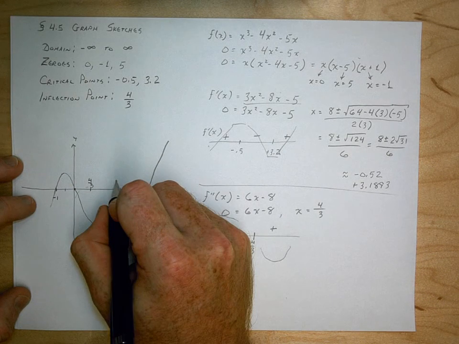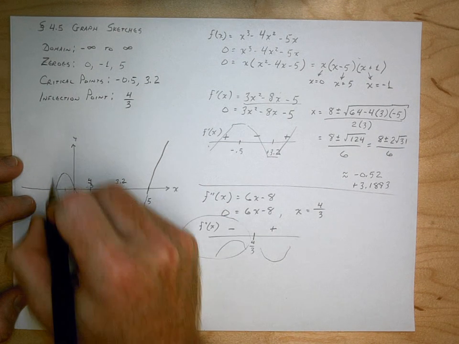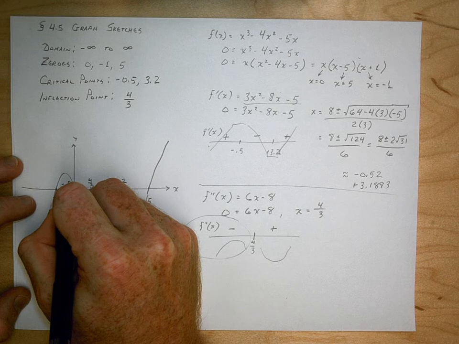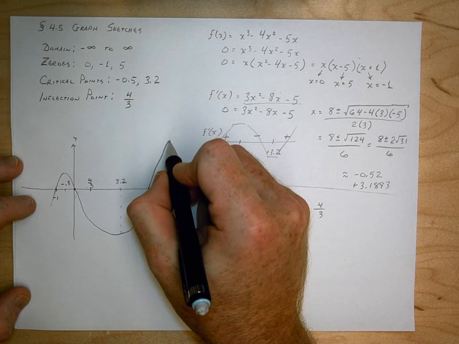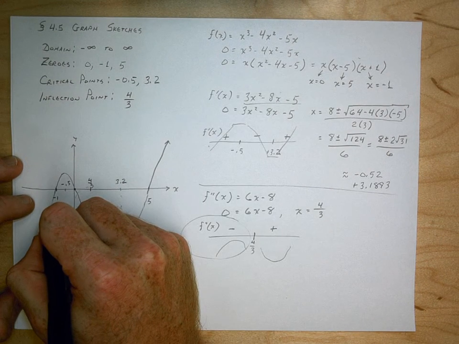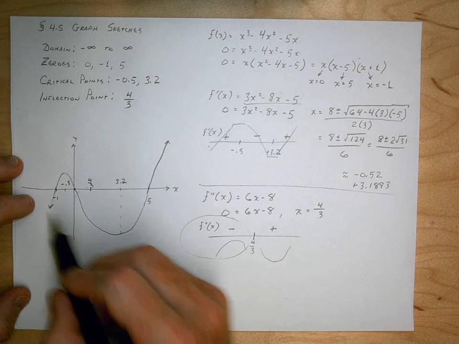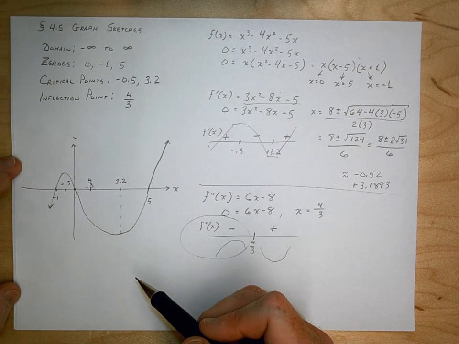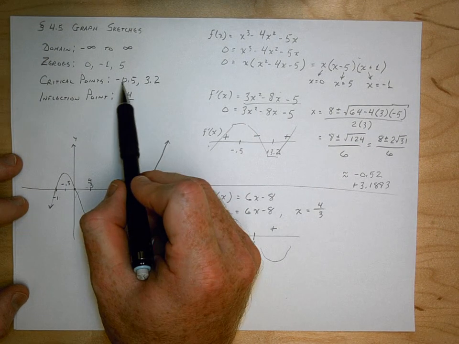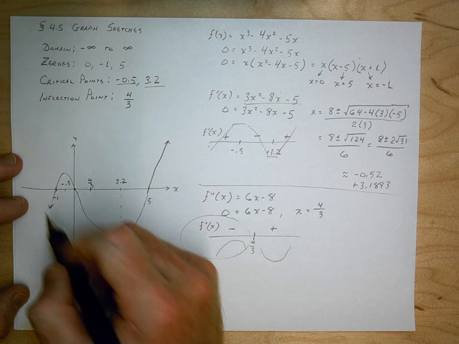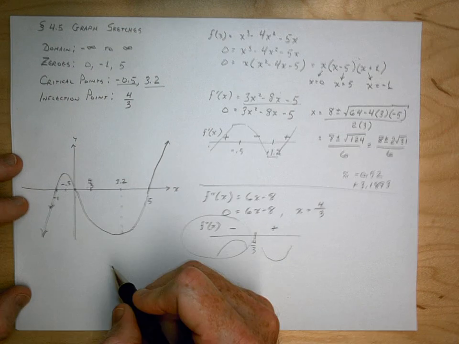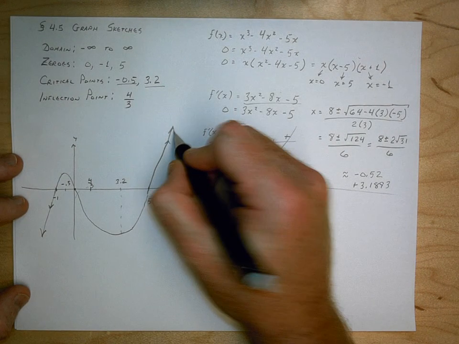This point is roughly 3.2. And that's our function. We know it doesn't have any other dips or local minimums, local maximums anywhere else, because we know our only critical points are right here and right here. So it goes forever to negative infinity from here, forever up to positive infinity from here.